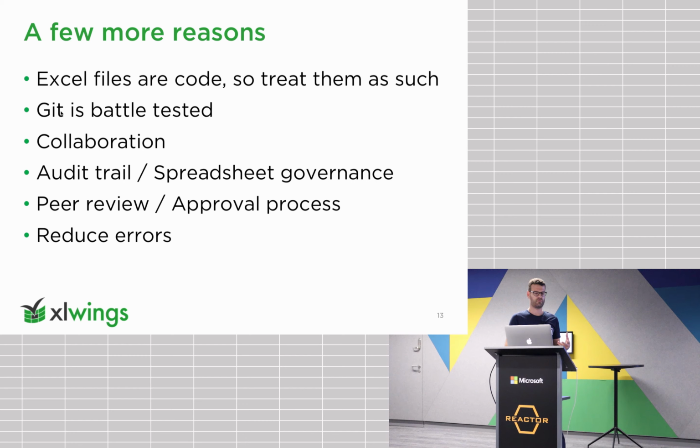And it gives you the tool set for a proper peer review and a proper approval process, so that changes in your Excel workbooks are a bit more organized than just sending it back and forth by email and attaching a V1 edit Bob final to it. And all of this, I guess, is here to hopefully reduce the errors in your spreadsheets.